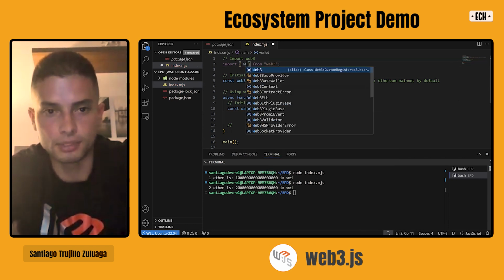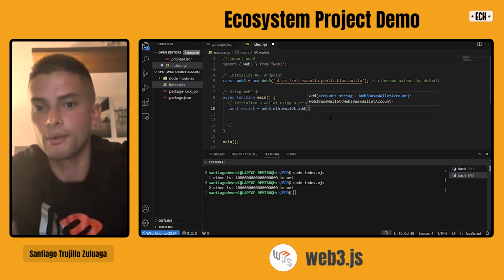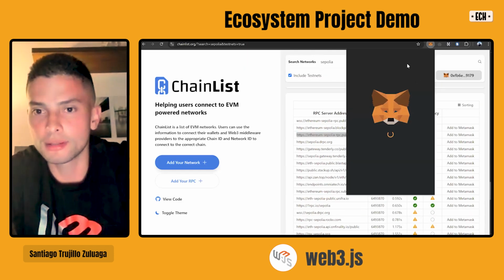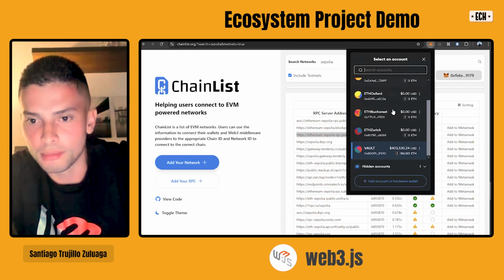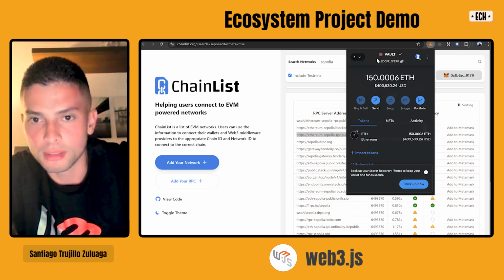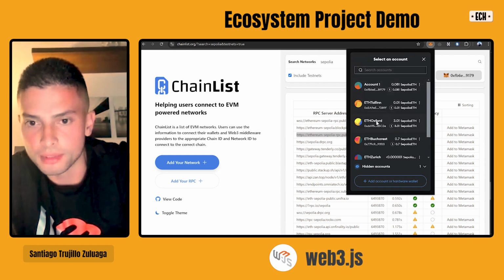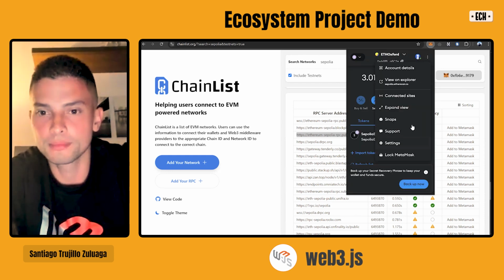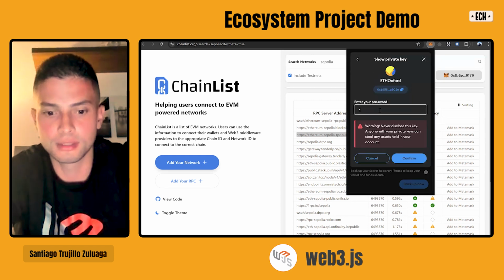Let me import this. And then here we can send a private key. So let me just take one of the private keys from another account, maybe from this one. Account details.